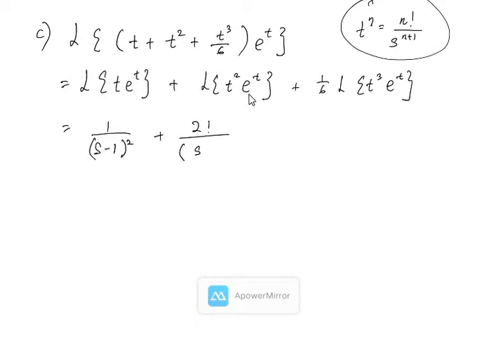So this is again s minus 1 power of 3. And then plus 1 over 6. For t power of 3, you have 3 factorial divided by s power of 4, and then for the shifting, we change the s to s minus 1.